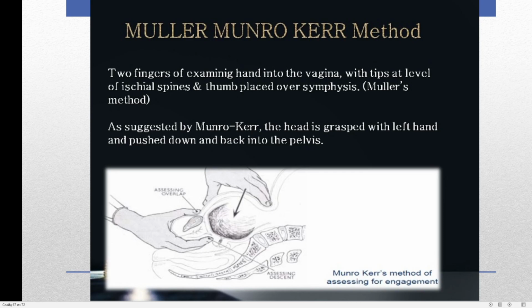An additional diagnostic method is the Muller-Monro Kerr method. How do we do it? Two fingers of the examining hand go into the vagina with the tips at the level of the ischial spines, and the thumb is placed over the symphysis. This is Muller's method; we palpate the symphysis.